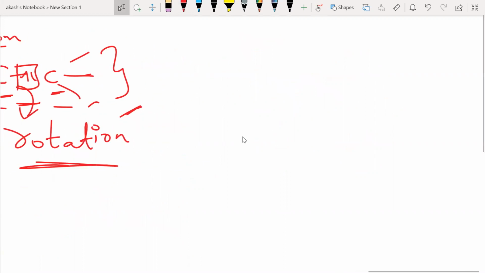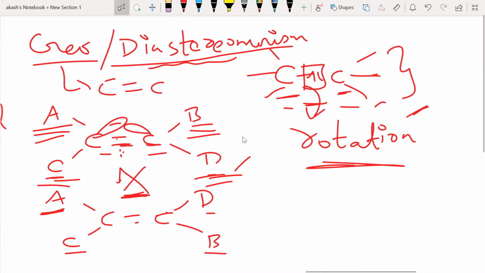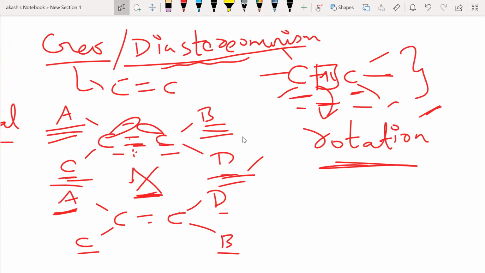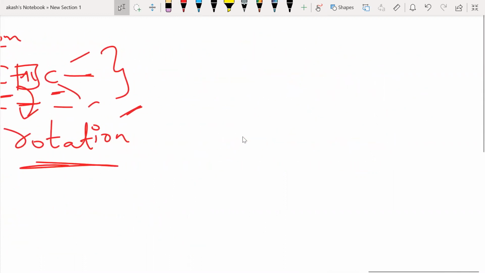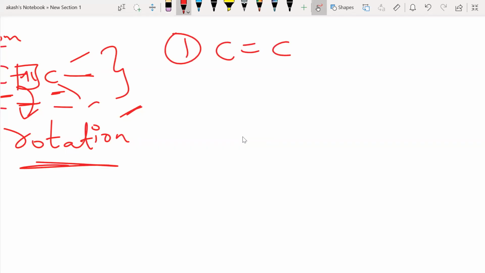Now, we understood that one of the definite conditions we need for geometrical isomerism is that I should have a C double bond C. Now it's not the only condition, people. The first condition is obviously a C double bond C. The second condition is you look at the other two bonds present in each of these carbons.